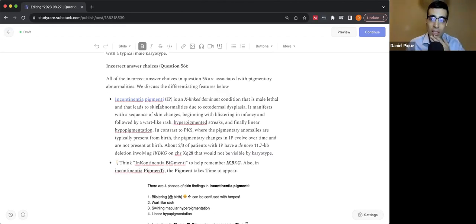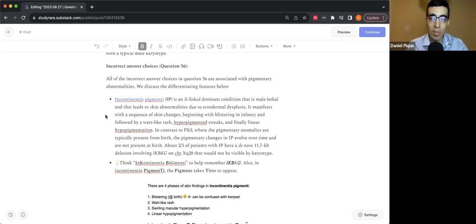So incontinentia pigmenti, or IP, is an X-linked dominant disorder, it's male lethal, and it can certainly present with skin changes. However, the key with IP is that the skin changes evolve over time. And so neonates and infants will start off typically with a blistering rash.